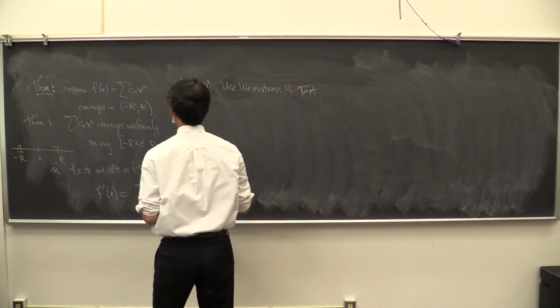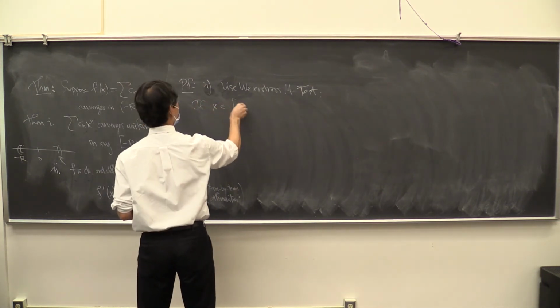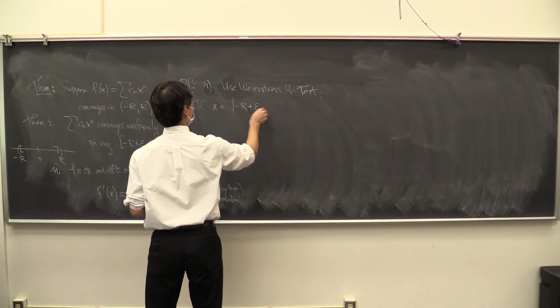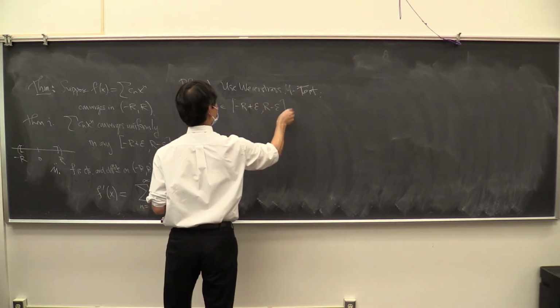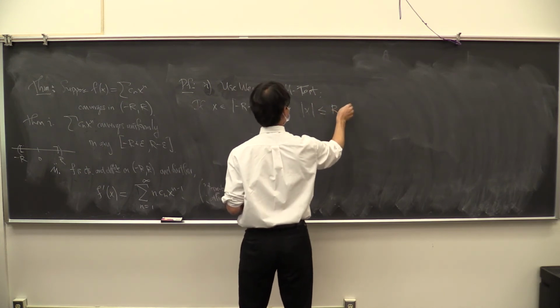Okay. So if x lies in [-R+epsilon, R-epsilon], then of course the absolute value of x is smaller than R minus epsilon.